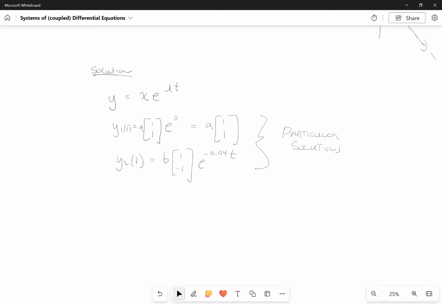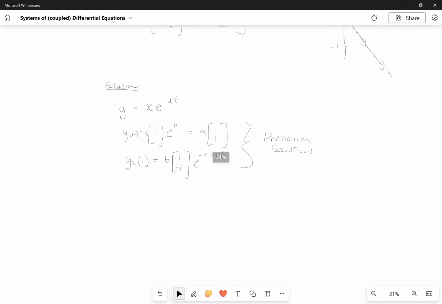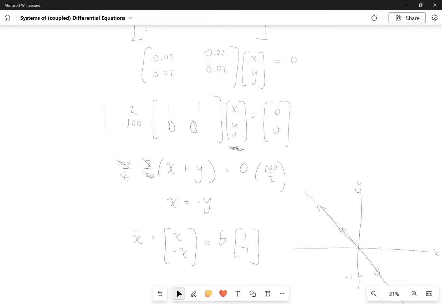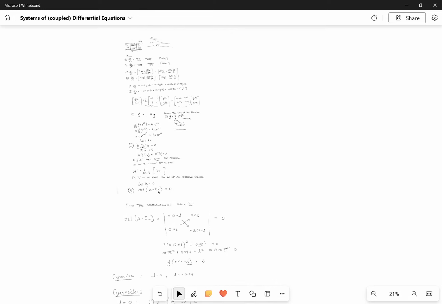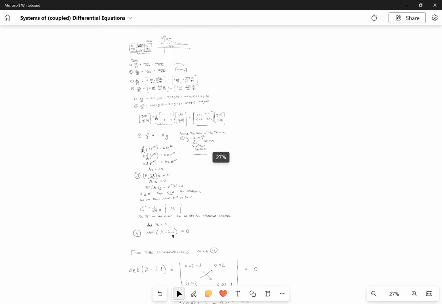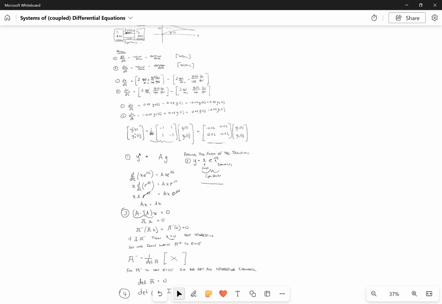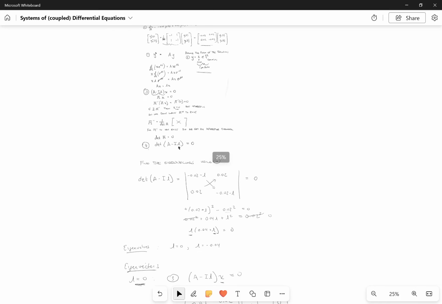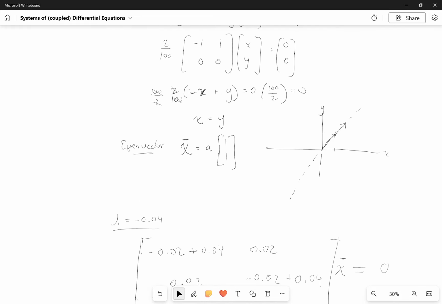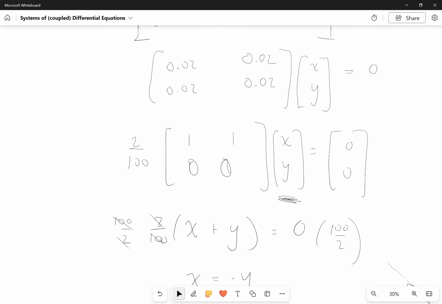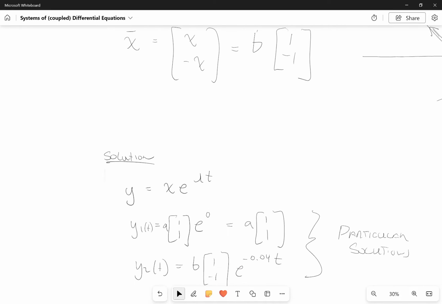Now, what do we know? What we know is that, let's go back here, we have two particular solutions, and this is a vector space. We have two variables, two unknowns, so we're in two space. There are going to be two particular solutions, and the general solution is the scaled sum, the linear combination, of the two particular solutions.